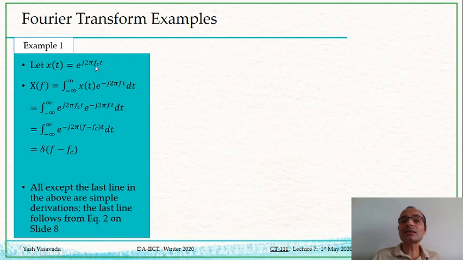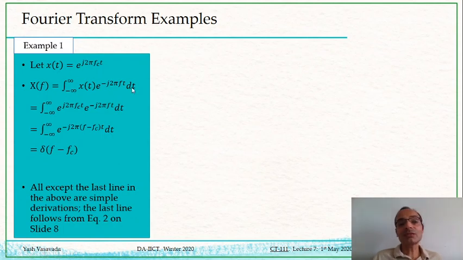C here represents the carrier. So what this means is that it's a complex exponential phasor rotating at a carrier frequency f of c. Why carrier, where that terminology came from, we will get to that later on in the subsequent slides. But let us just do the Fourier transformation of this x of t.